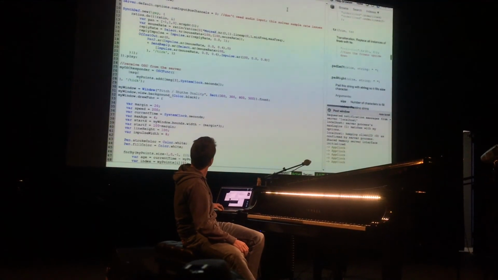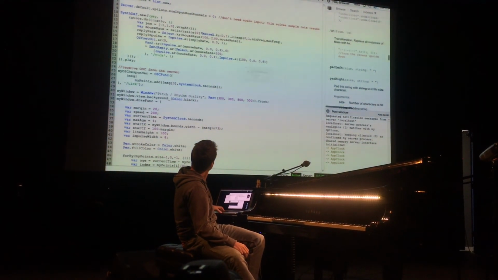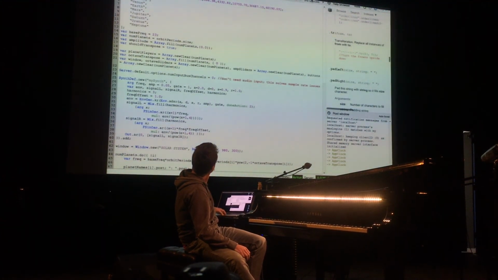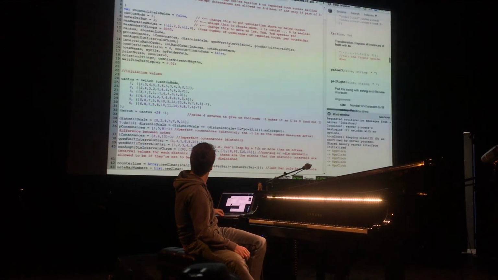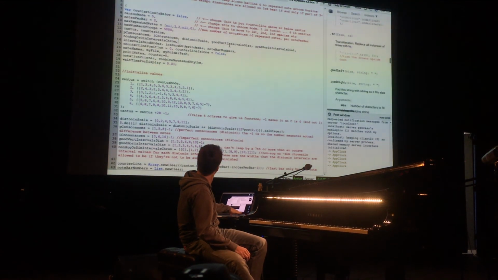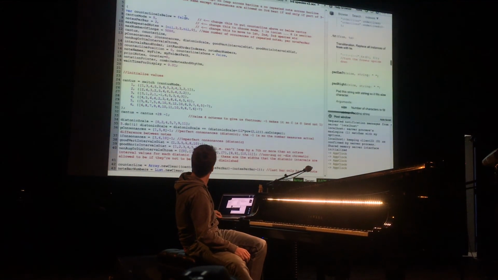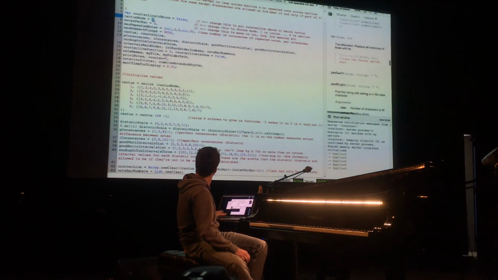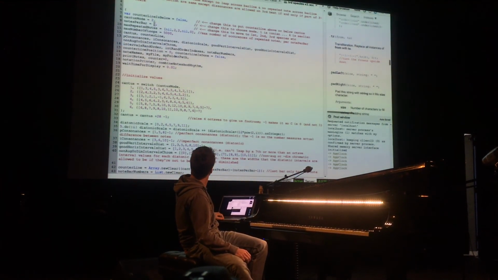So I started writing programs that do counterpoint. Let's see how this sounds. So I'm going to make it, we'll go in Dorian, and then we'll say first species.